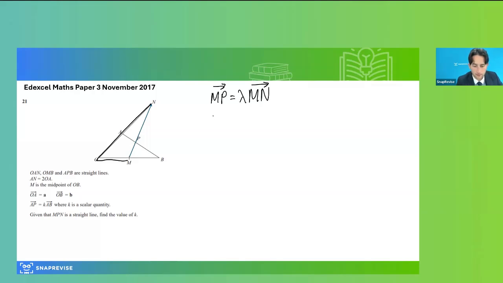I could go MP, oh sorry, MN is actually equal to minus a half B plus A plus, now it says AN is 2A. So that bit there is 2A, and that bit there is A. So actually M to N, if we recognise, is a half B plus 3A. And I now know MP is some stretch of that.